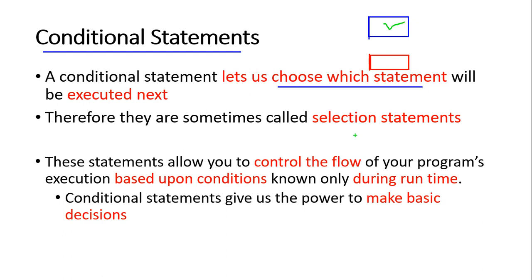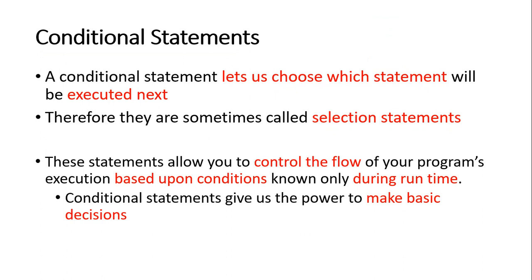We are selecting either one or a group of statements over the other based on certain conditions. These statements allow the flow of control of the program to be altered based on certain conditions that occur during runtime. They are generally called basic decision making statements because they help us to decide which statement has to be executed and which has to be ignored.